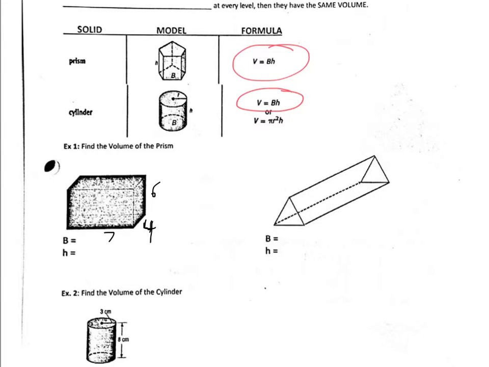So the volume is the area of the base, which we'll say that this is the base, which the area of the base is 7 times 4, which is 28 square units. The height is 6. So the volume is going to be the area of the base, 28, times the height, which is 6. When I multiply that, I end up with 168 cubic centimeters.